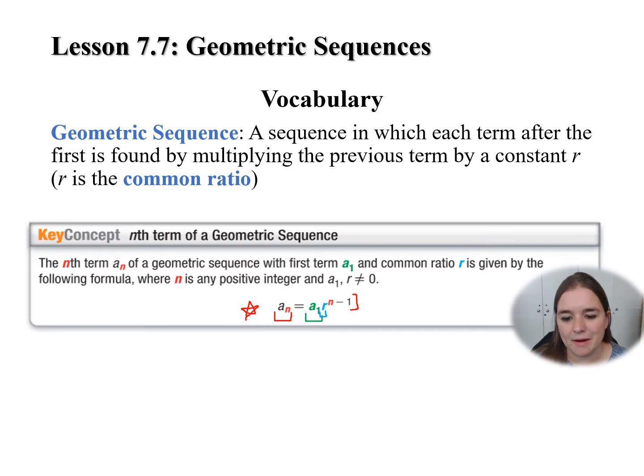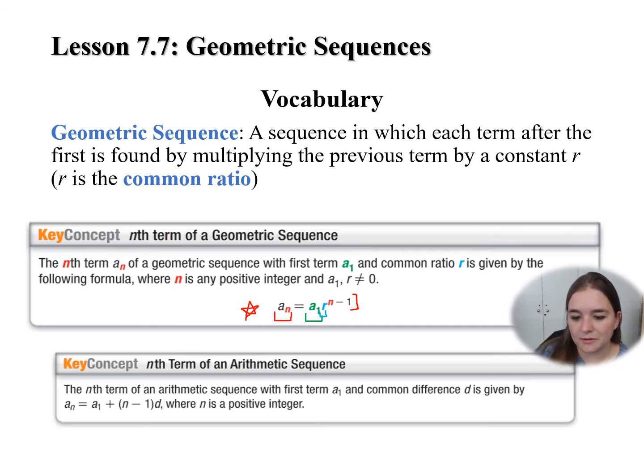The reason we have that minus 1 is because we want to start at the 0th term. a sub 0 would be where we cross the y-axis, and a sub 1 is when x is 1. So a sub n equals a sub 1 times r to the power of n minus 1.